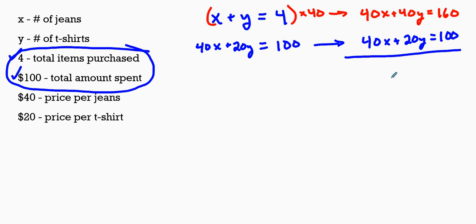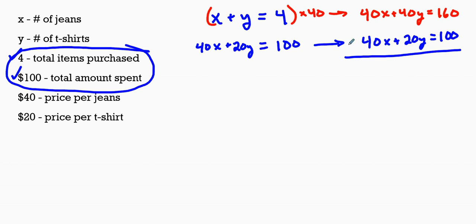I like using elimination whenever I can because it makes easier work of later steps in the problem. And what I created by multiplying the top one by 40 is x terms that are identical. If they're the same, like they are here, 40x and 40x, that's what I want to eliminate. I want to eliminate the x's.